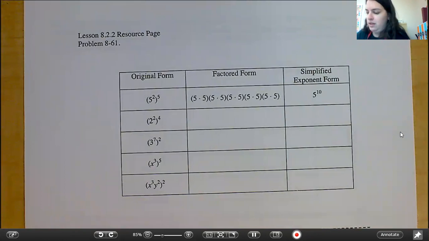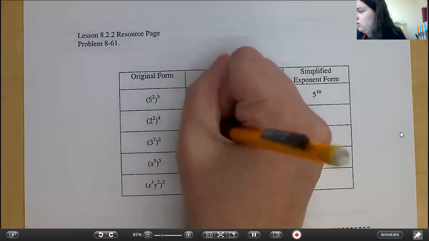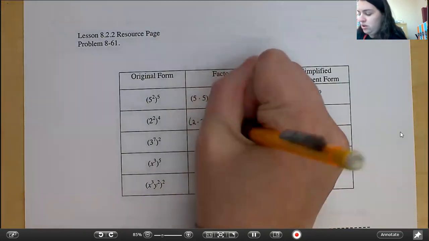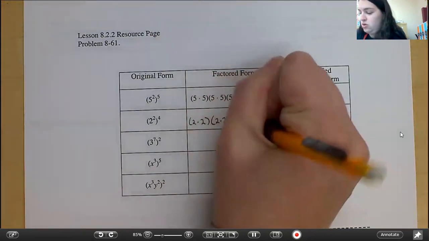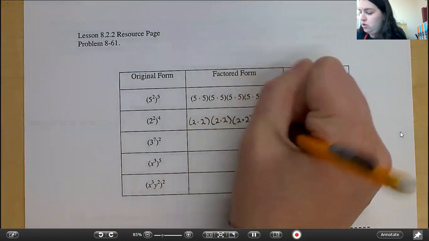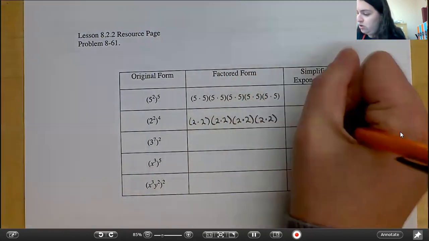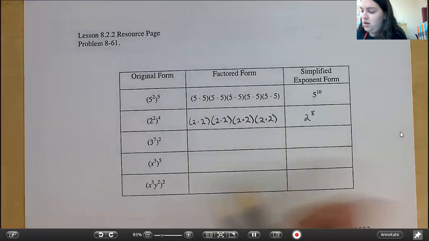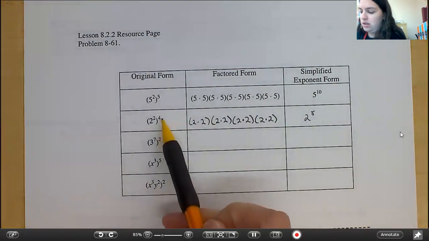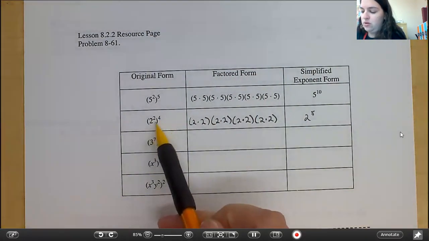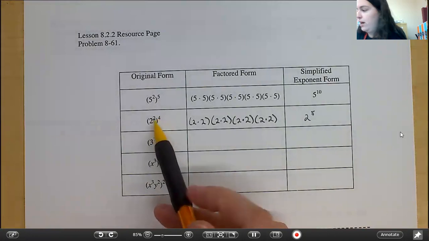Okay, if you're back with me, you've done that. So let's look. We have 2 times 2 times 2 times 2, 2 times 2 times 2 times 2. So that would be 2 to the 8th. So this 4 is telling us that we have 4 groups of 2 squared.